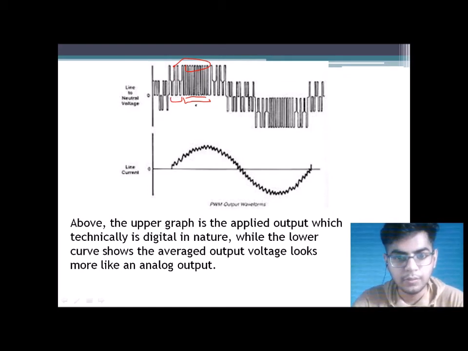So when it is kept high for more time, or where the duty cycle is more, you get more output, and where the duty cycle is less, you get less output, which is the average.